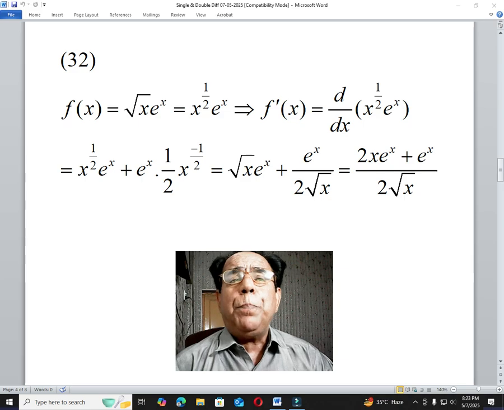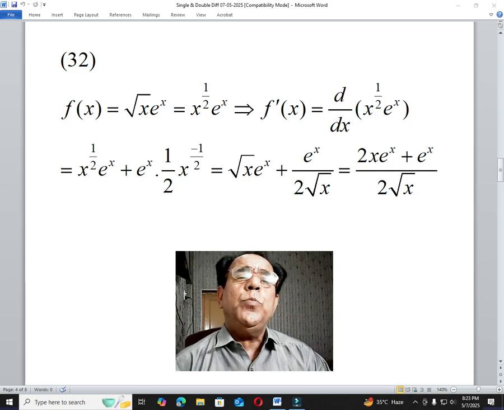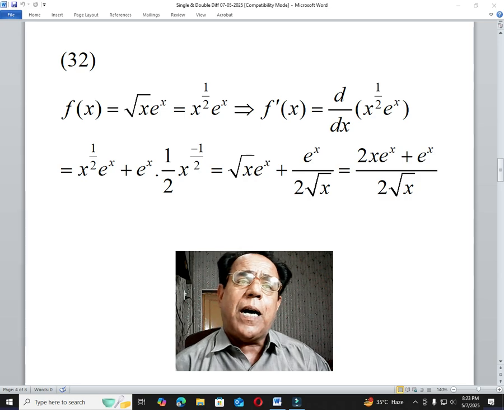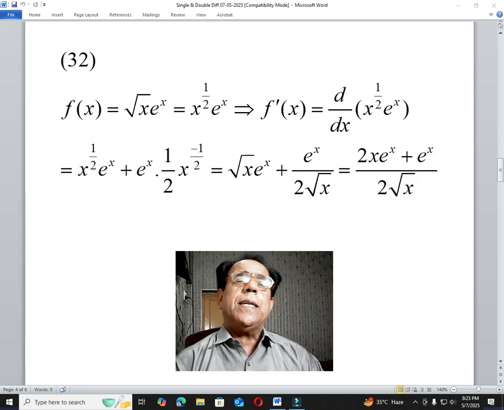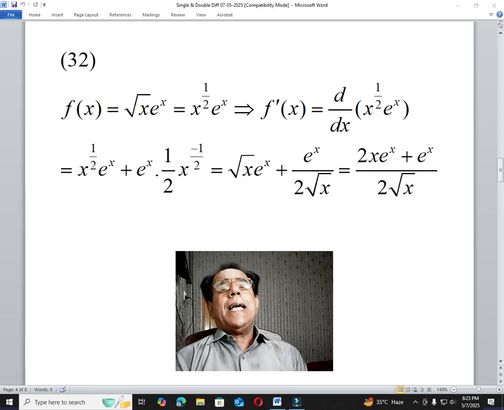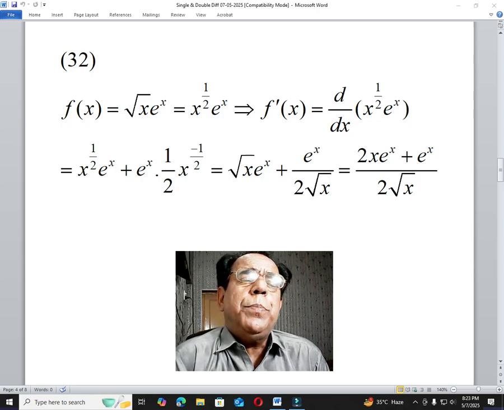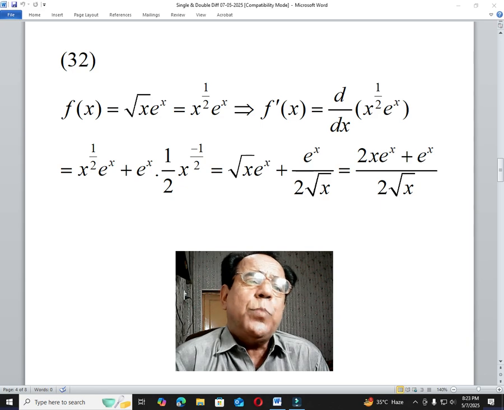and we know that power minus half in the numerator is equivalent to power plus half in the denominator. So this x raised to power minus 1 by 2 will be shifted to the denominator, and it will become x raised to power plus 1 by 2 in the denominator.